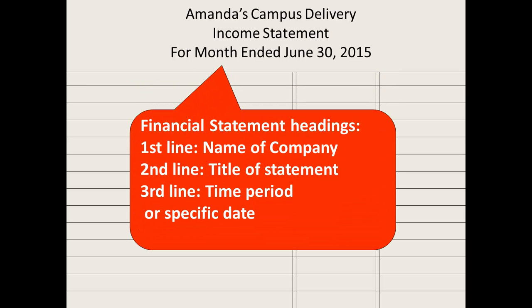So we're going to start our income statement with our heading. We have the name of the company. What is this? It's an income statement. And we have the time period. And again, we have to have a range. So this is telling us this information is for a month as opposed to a year or a week.